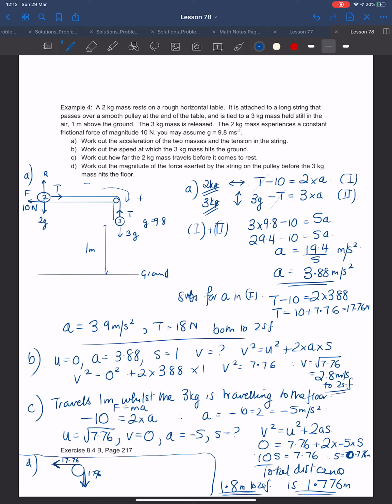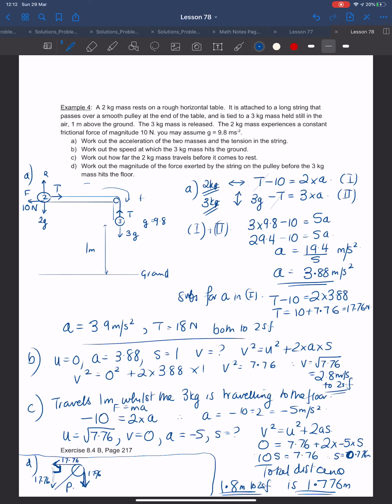Okay, so if you can think of this as a right angle triangle. Let's call the overall force P for pulley. So we've actually got a right angled triangle because it's over the edge of a table.